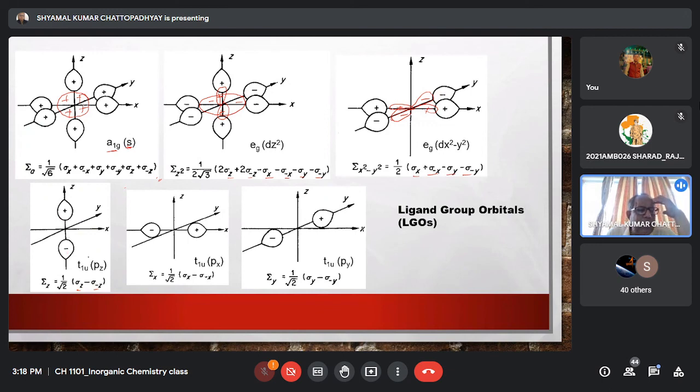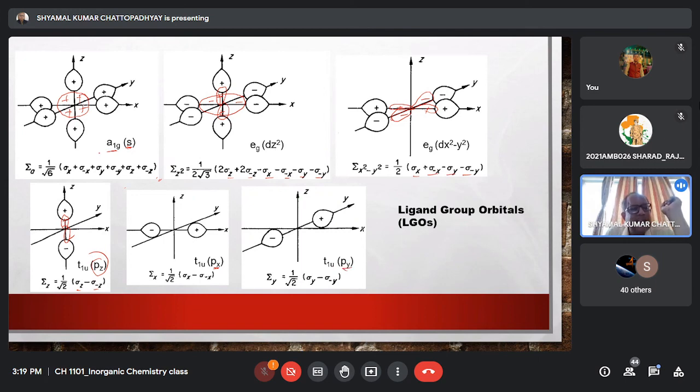So this orbital is suitable for overlap with the pz orbital, because the pz orbital looks like this. Similarly, this one has only plus x and minus x in the x direction, so it is suitable for overlap with the px orbital, and this is suitable for overlap with the py orbital.